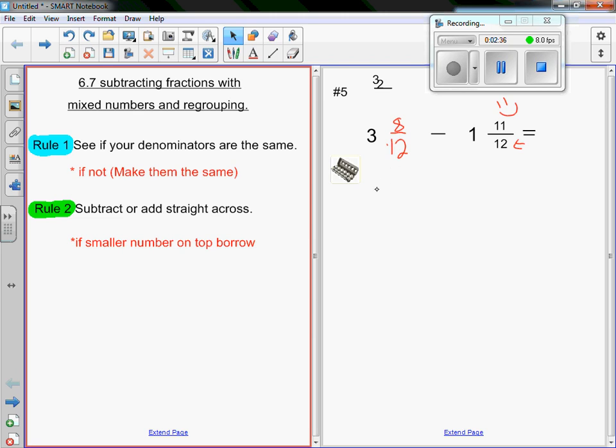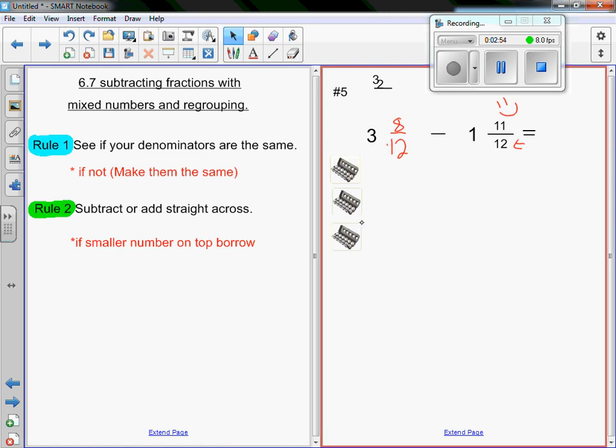Now borrowing with fractions actually is not too tough. And to do this, I want to show you using egg cartons. I'm going to create a fraction to show you exactly how many we have. 3 and 8 twelfths. To have 3 and 8 twelfths, the 3 represents 3 whole groups of 12. That is like eggs. If you have 3 dozen eggs, it looks like that.